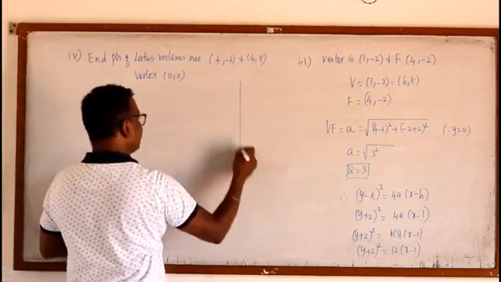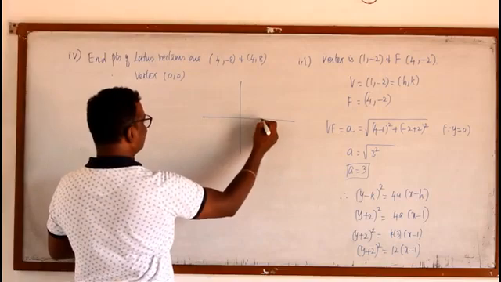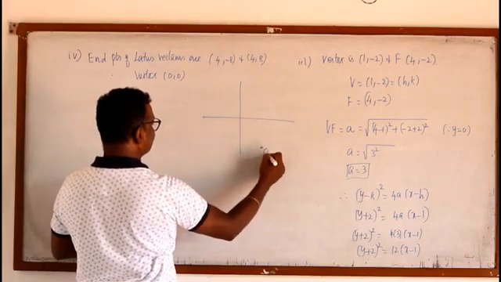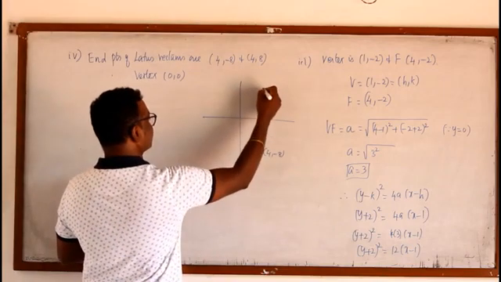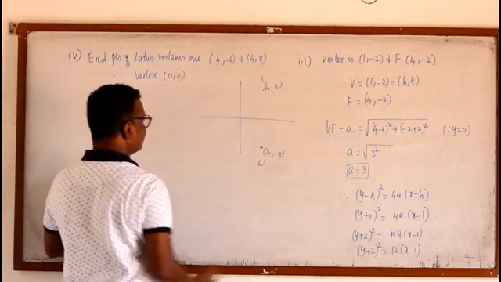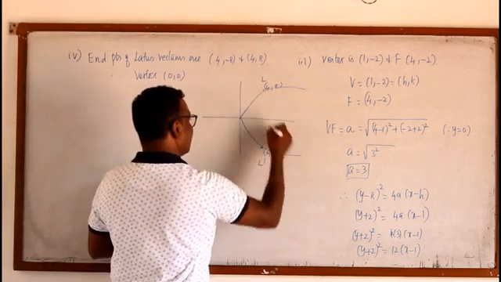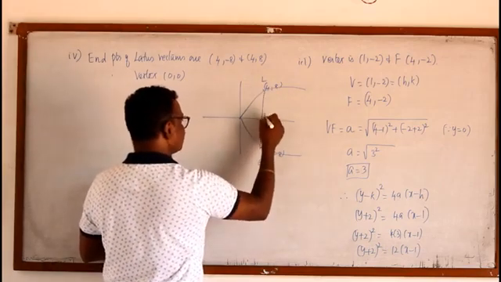Now, how will these points be? (4, -8) means x is 4, y is -8, maybe somewhere here. And another one is (4, 8). These are the endpoints of the latus rectum, means the curve is passing through these, isn't it? And when I join, this will be the focus.